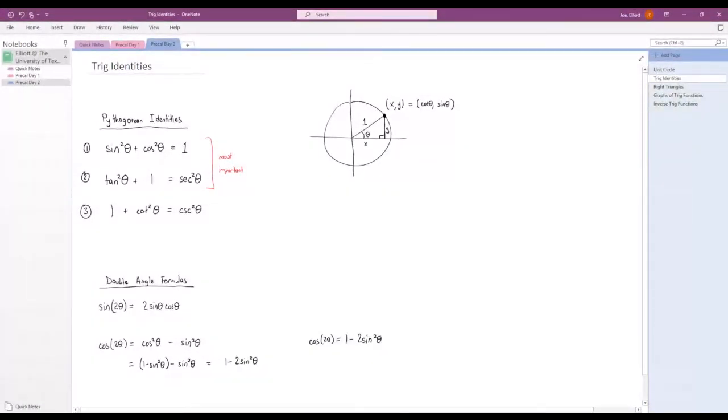And then you can get one more formula by, instead of replacing cosine squared with 1 minus sine squared, replacing sine squared with 1 minus cosine squared.